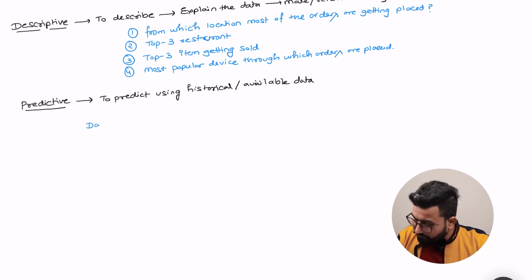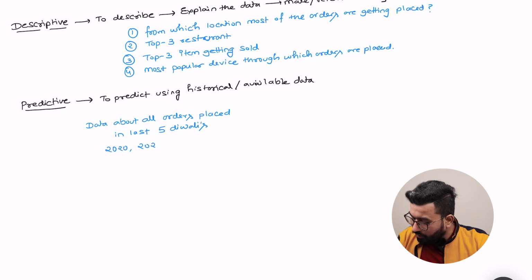So, data about all orders placed in the last 5 Diwalis, for example 2020, 22, 23, and 24.